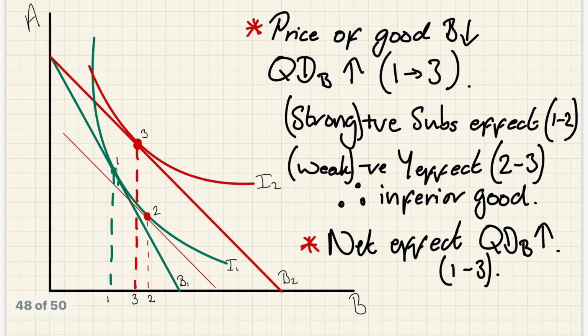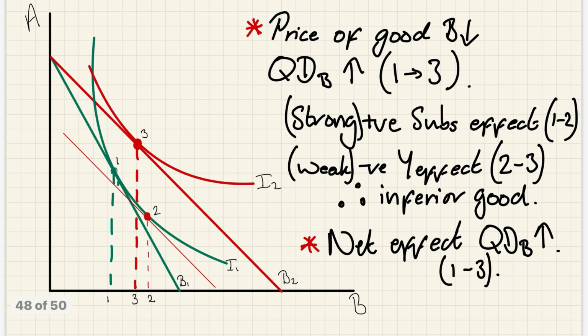So we're actually buying less of good B because our income has increased. So good B must be an inferior good. So that negative income effect is shown by the movement from position 2 to position 3.